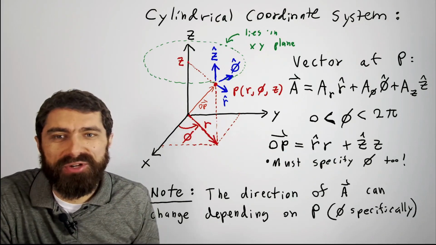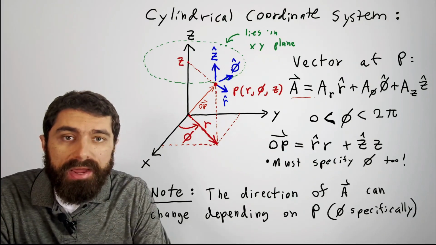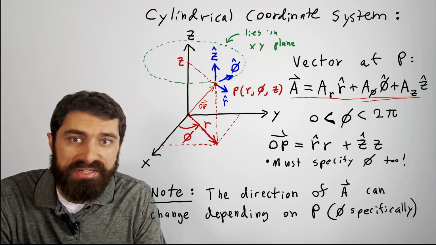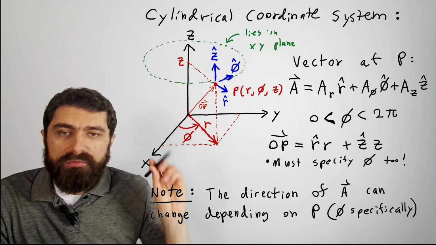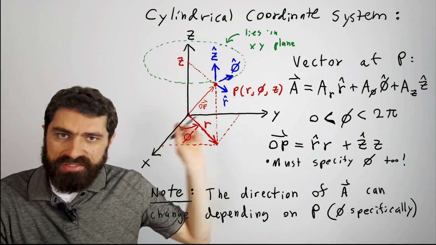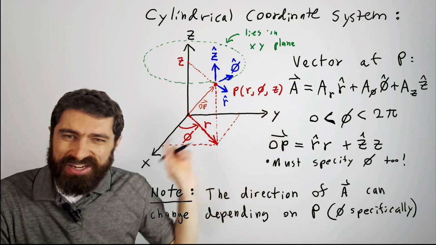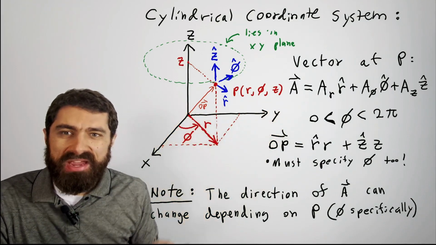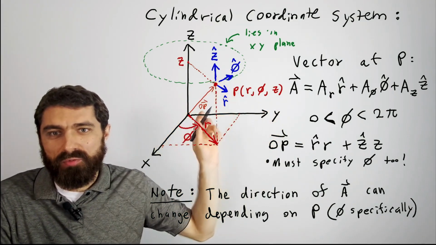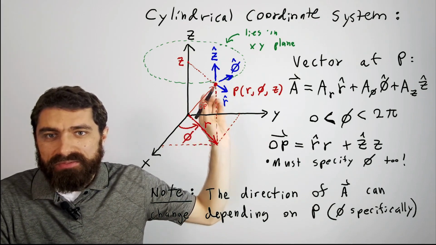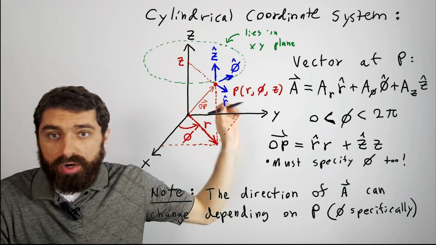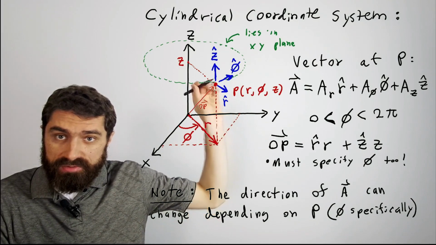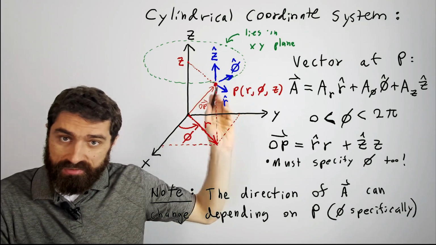Another thing I want to mention about the cylindrical coordinate system is that if you have a vector A here with certain components, A r, A phi, and A z, the orientation in three-dimensional space of that vector A is actually dependent on its location in space. And the reason has to do with how these unit vectors work here. So for example, this unit vector in the r hat direction, depending on the location of the point, r hat is pointing this direction if the point is over here.